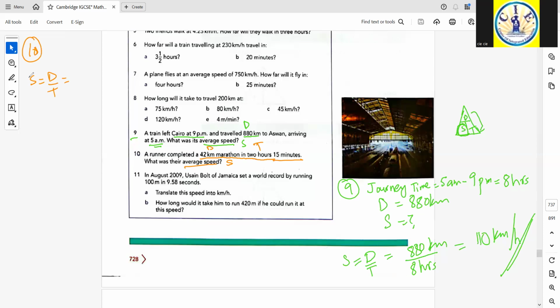Distance is 42 kilometers and time is 2 hours 15 minutes. Let me convert these minutes into hours by dividing 15 by 60.